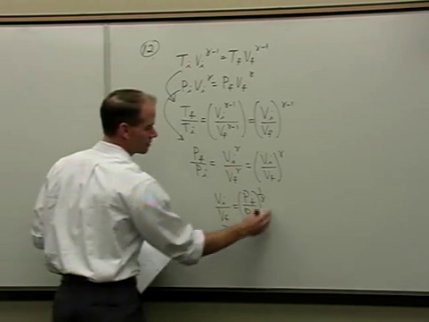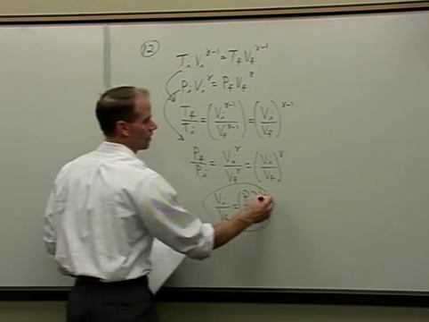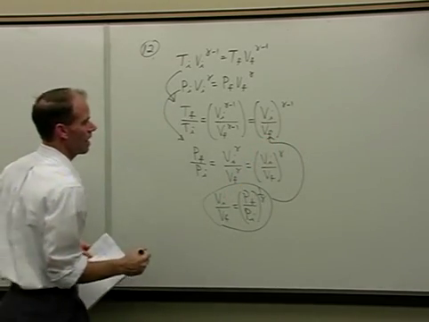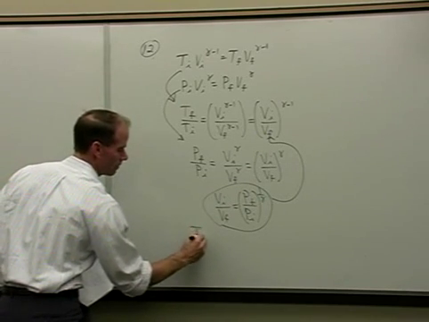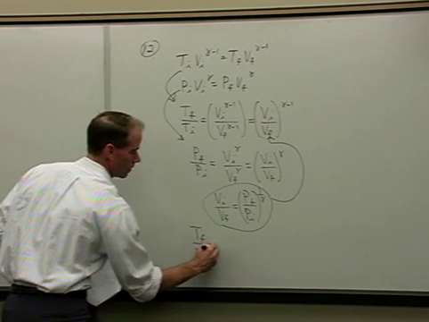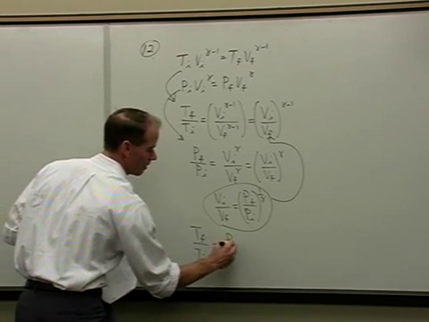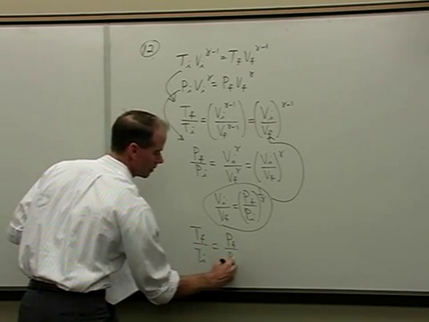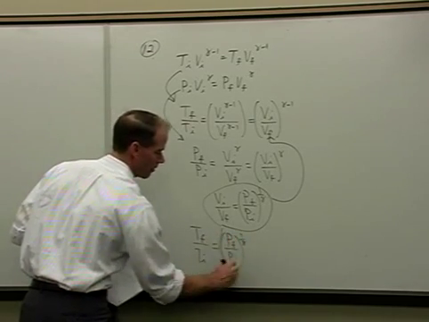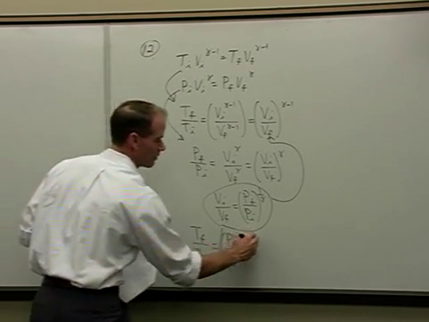And now I'm going to substitute this in there. So I'm going to have T final to T initial equals P final to P initial to the 1 over gamma, all that to the gamma minus 1.